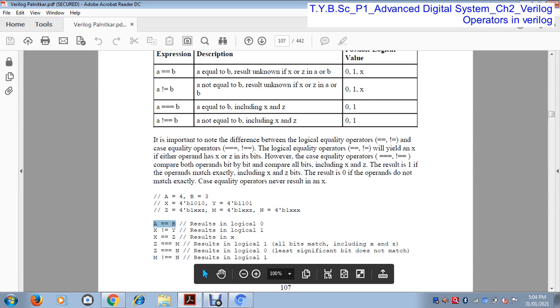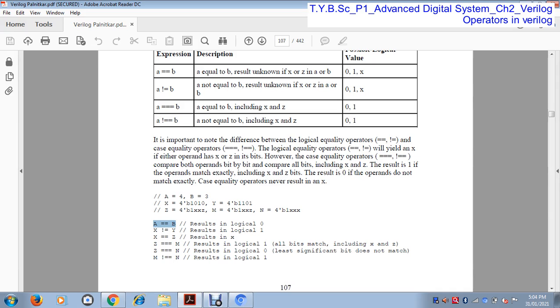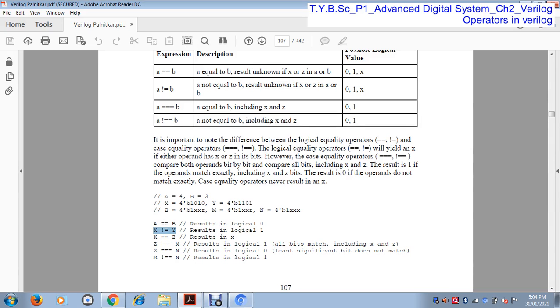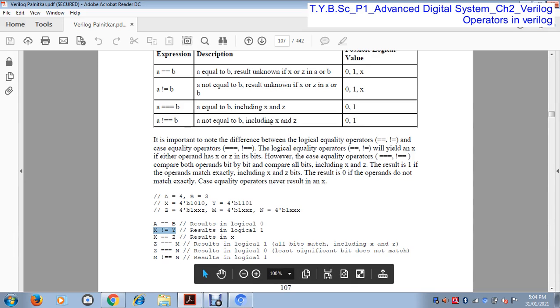Now x != y, where the value of x is 1010 and the value of y is 1101. So this expression is true, because x and y are not equal, therefore it gives the result 1.